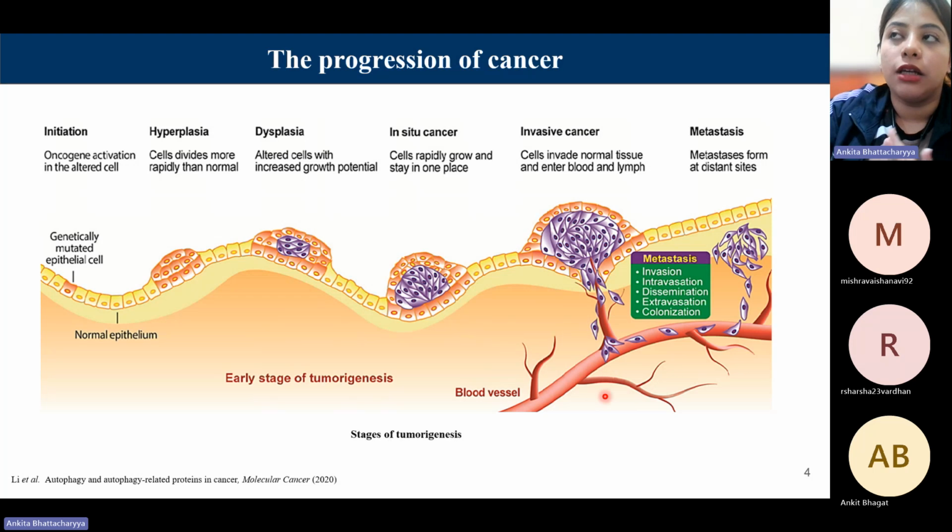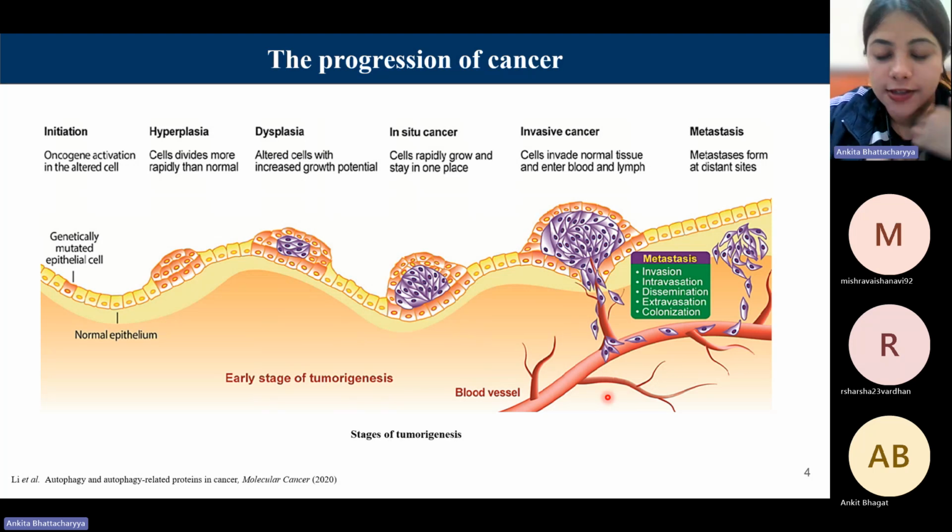This is very difficult to treat and a very common response of cancer, because when it enters into the blood vessel, it can move into any part of your body, right? Because if you know about the circulatory system, every part of your body receives oxygen and nutrients based on the nutrition that is carried from this blood vessel, and based on the oxygen which your RBCs carry for you.